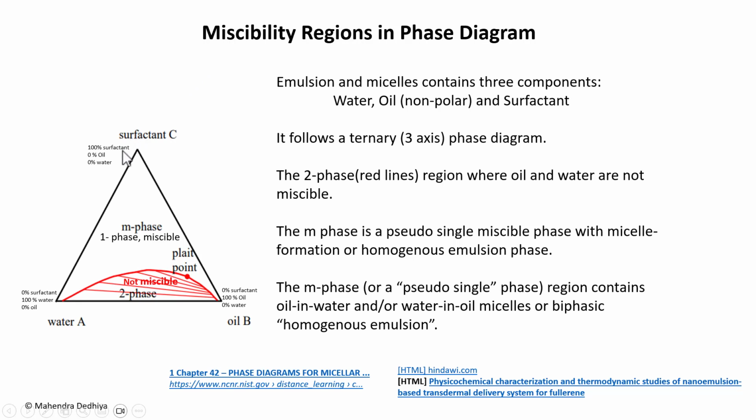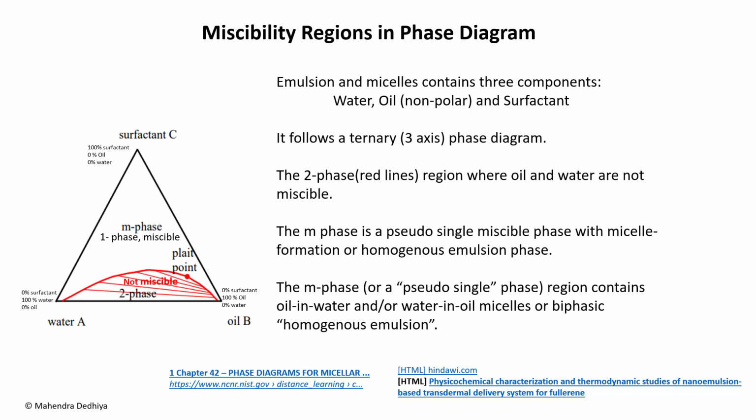In emulsions, traditionally, you'll see surfactant or emulsifier listed on top. This is the 100% surfactant apex. Water, this is 100% water. And oil, 100% oil. This particular red line here is where oil and water are not miscible.